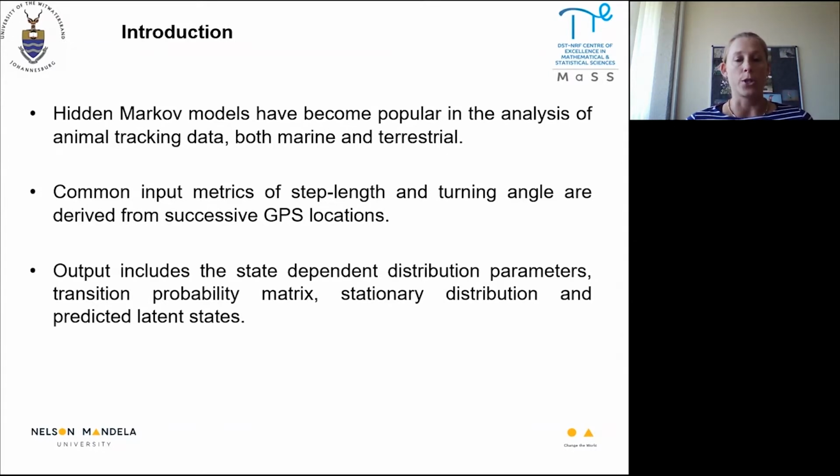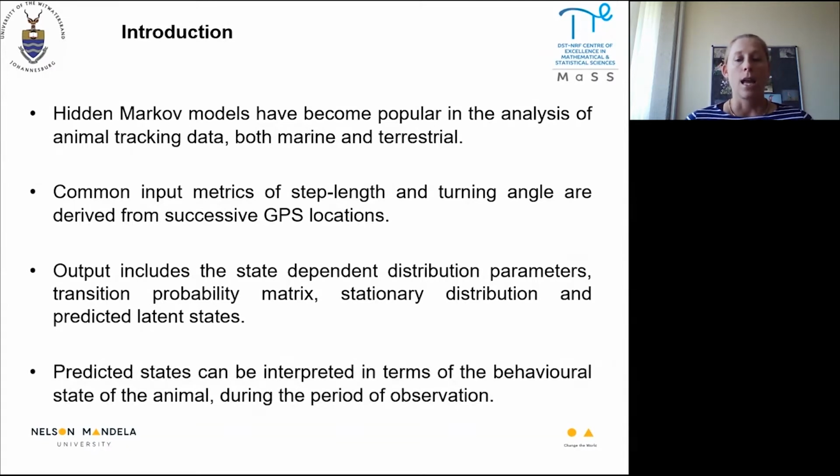The stationary distribution, and from that we can then predict what's known as the latent states, the hidden states, and we actually interpret those states as being the behavioral state of the animal during the period of observation. So essentially what we're doing is taking these metrics obtained from the GPS locations, fitting a model, then using the parameters and the predicted state sequence to then make statements about the biology of the animal.